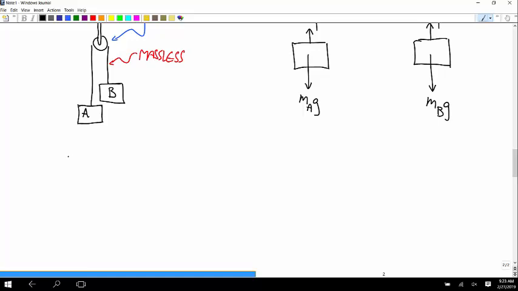And the last case of forces where we know the direction is friction.